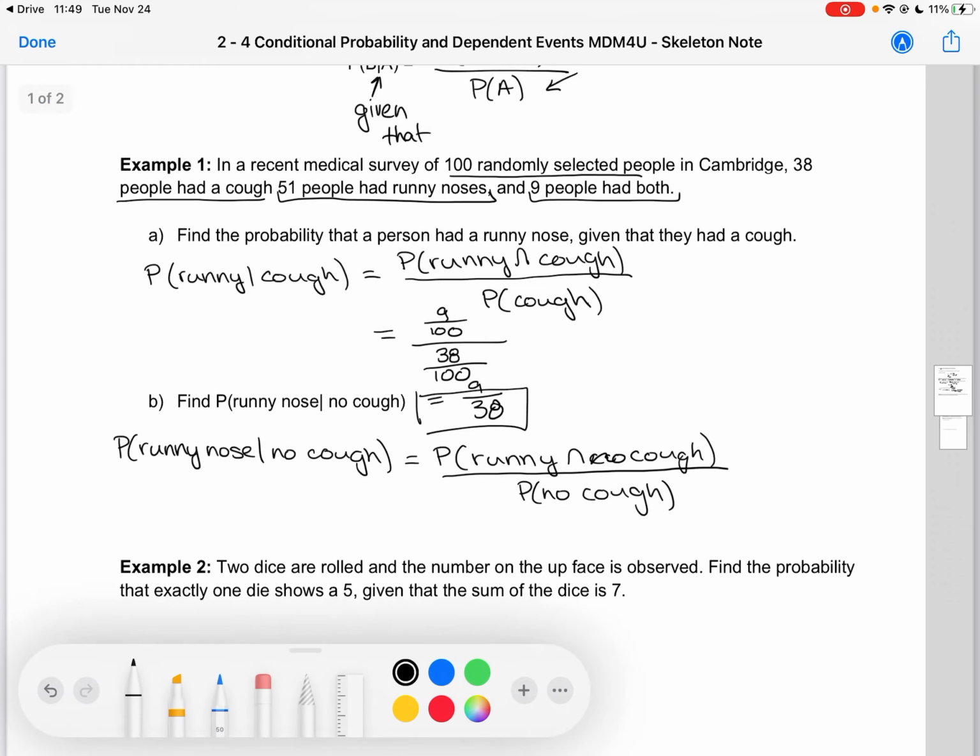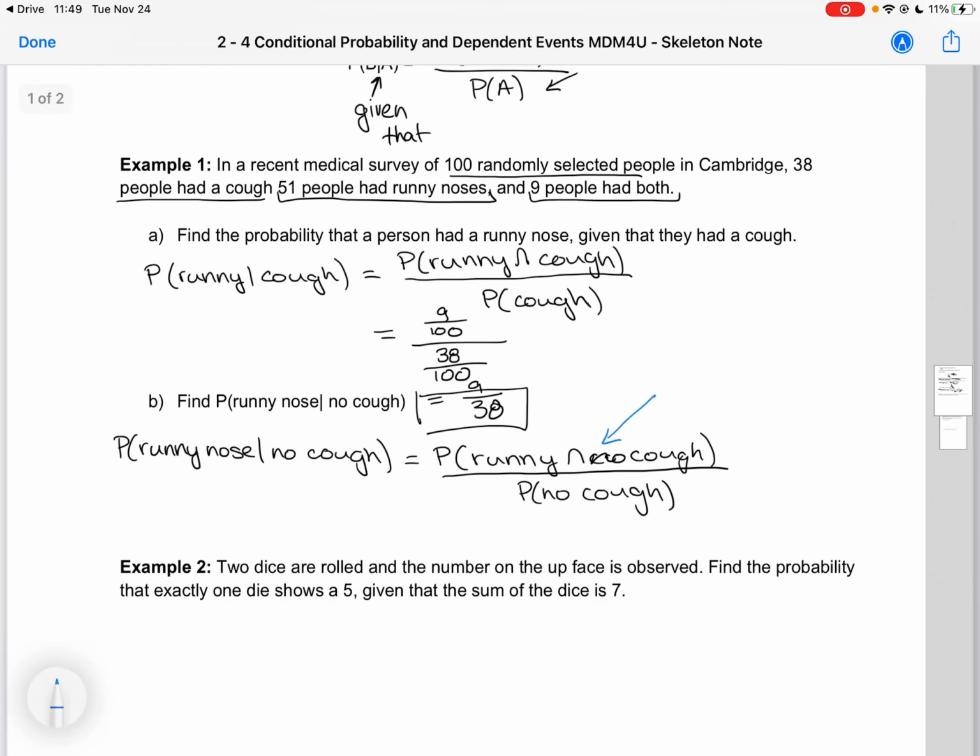The number of people that had a runny nose and no cough would be, if you picture a Venn diagram, with runny nose and cough, we are looking for the people in this blue section here. In order to find that, we would take our total number of people that had a runny nose and subtract the number of people that had both.